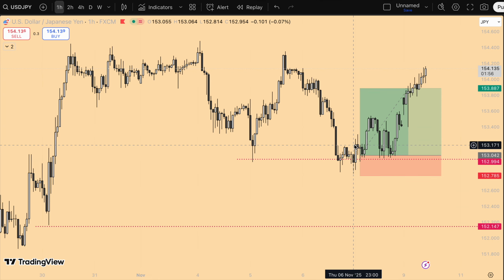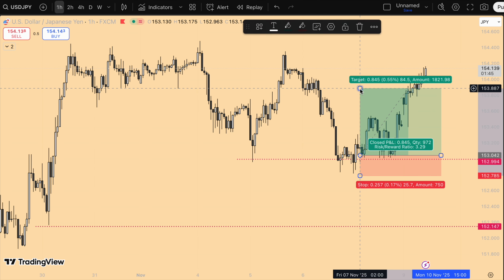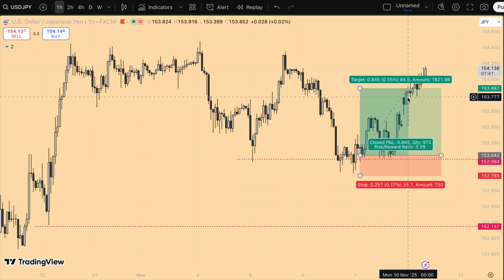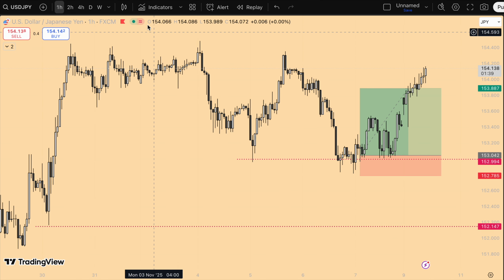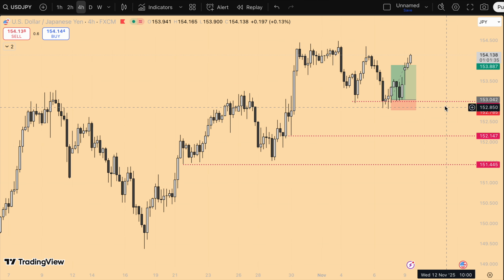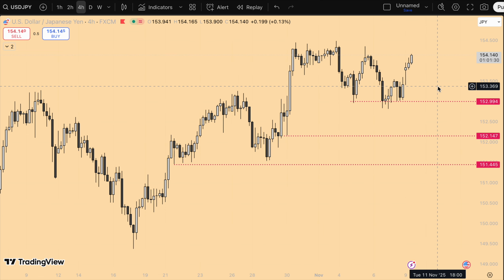So this became our demand, and then we retrace here after grabbing liquidity to our left, and then you could have found an entry right here, I think on Friday, and then boom, could have just taken you to 1, 2, 3 at least this morning. Beautiful position overall. I think that was what we were looking for last week. It's quite beautiful to see.